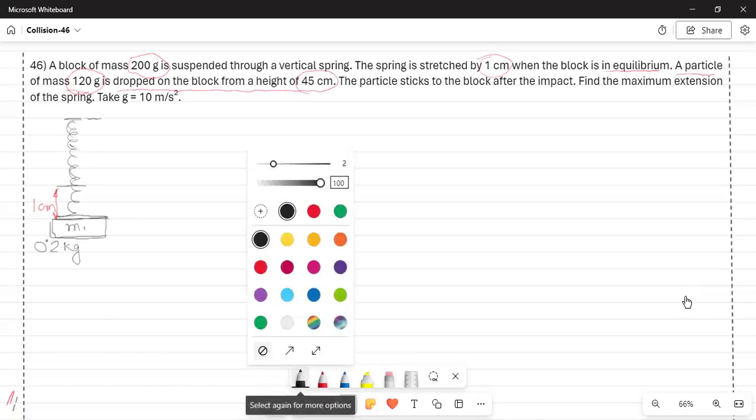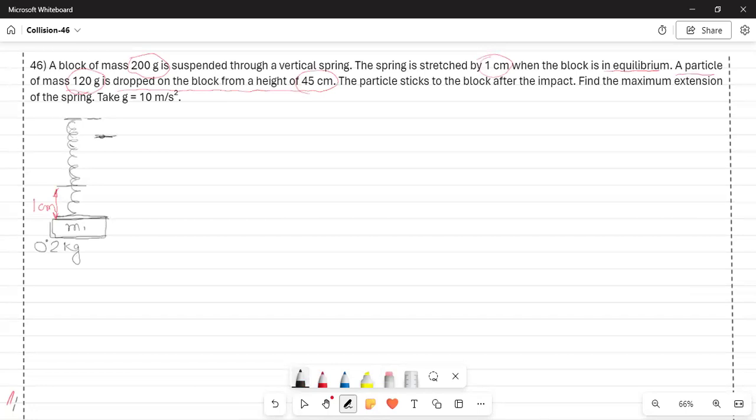That means from a height of, say, 45 centimeters, let us say this condition, a small mass is dropped on this, and this mass is 120 gram, that means 0.12 kg.